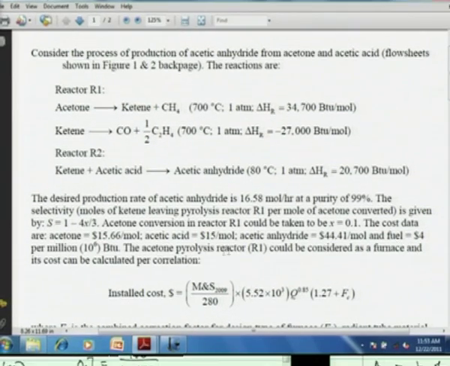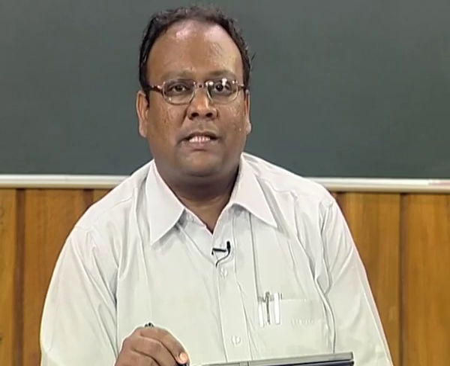The acetone pyrolysis reactor could be considered as a furnace and its cost can be calculated using a cost correlation. Cost correlations we are going to see in detail in another module. To determine the cost of any equipment of a process, a correlation is used which uses one of the specific characteristics of that equipment as a parameter.